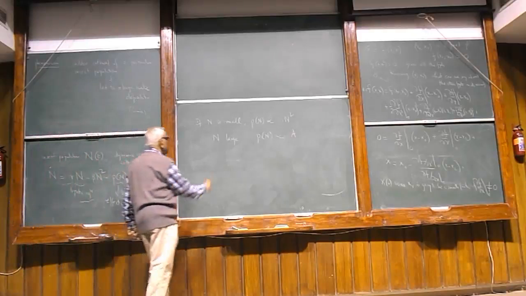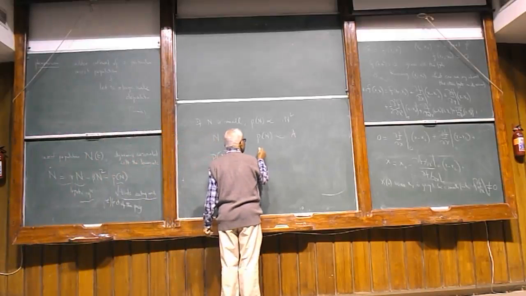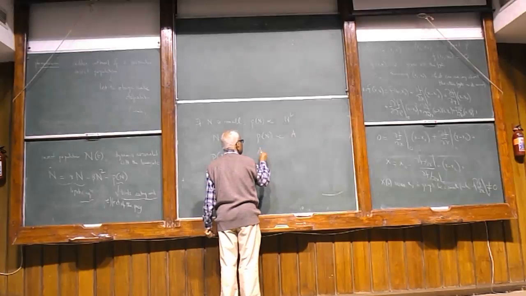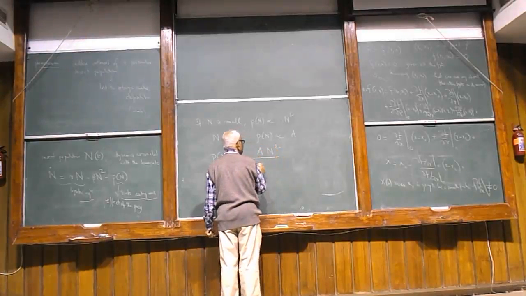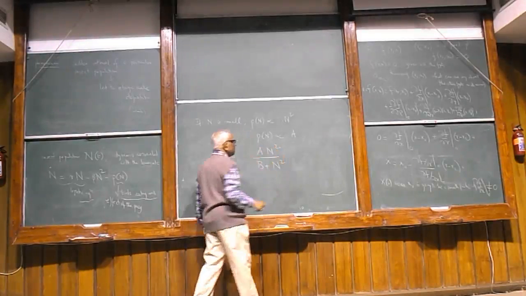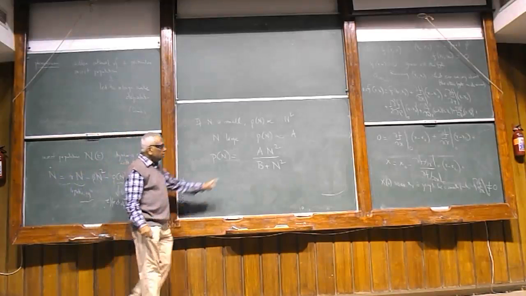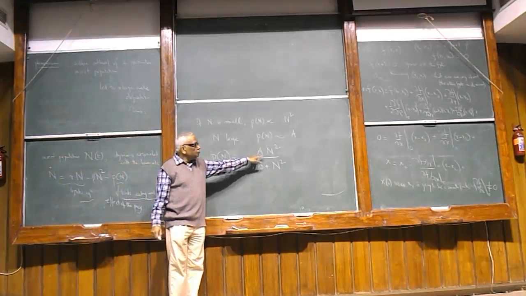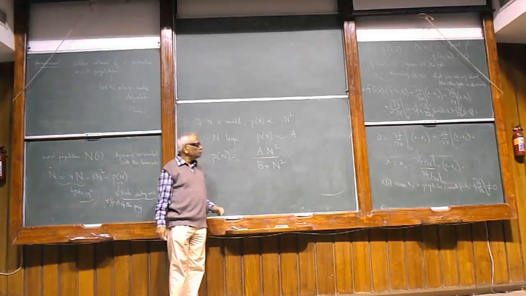So you model P of n by a n squared divided by some b plus n squared. So that if n is small, it's proportional to n squared, which is a n squared over b.